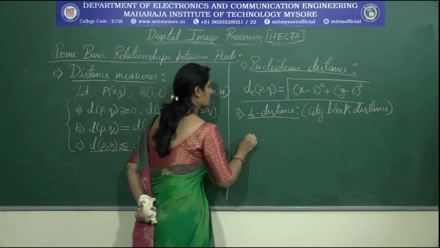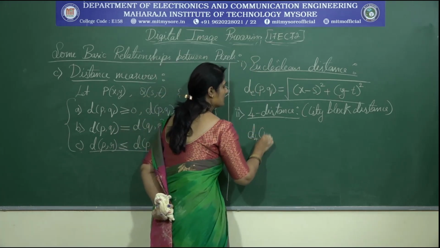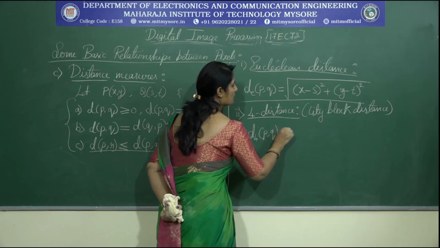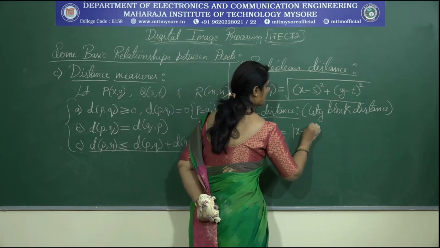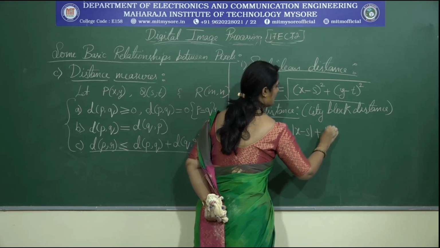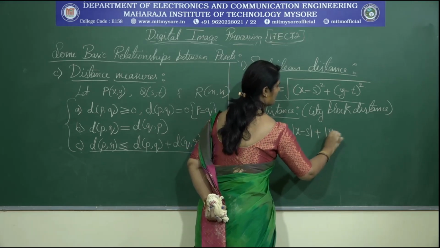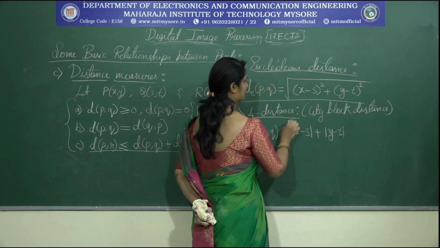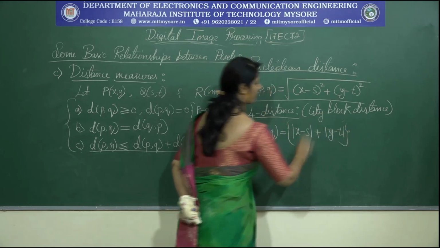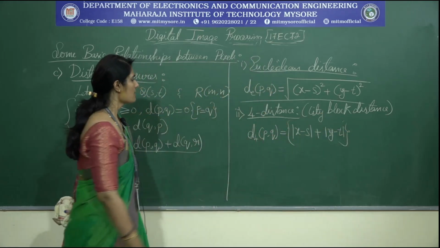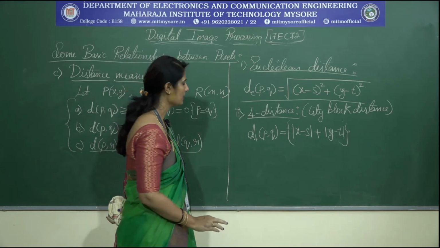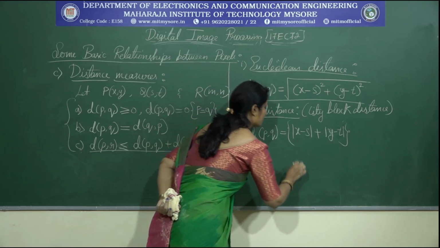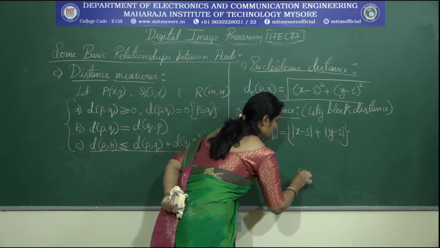In order to find the distance between P and Q, we use the formula: the magnitude of x minus s plus the magnitude of y minus t. Okay, so this is what D4 distance is. For example, let me consider an example.